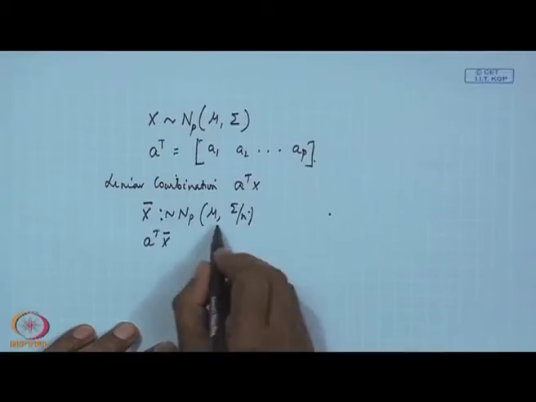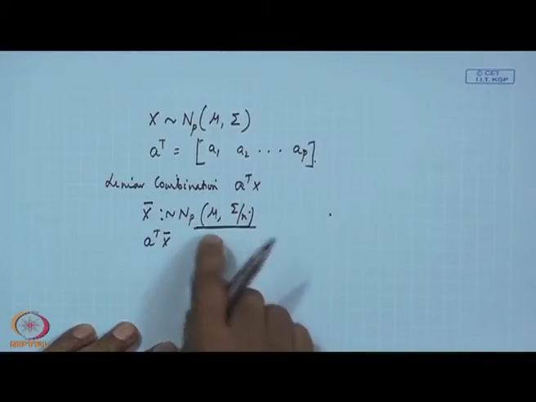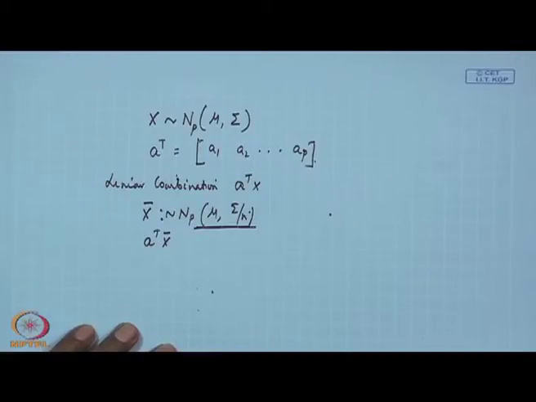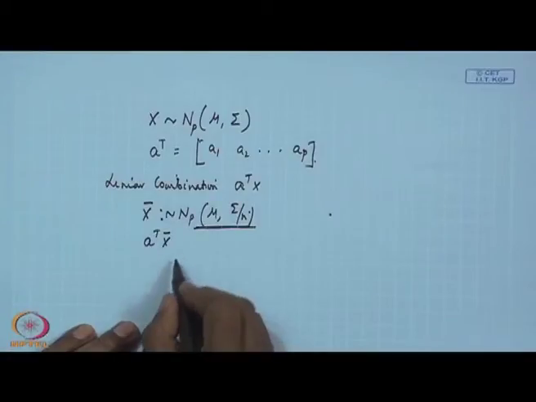So our X bar is multivariate normal with mu and sigma by n as parameters.